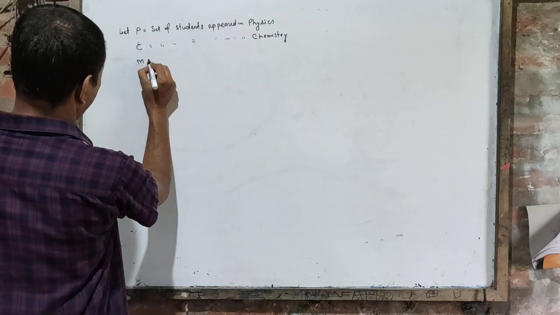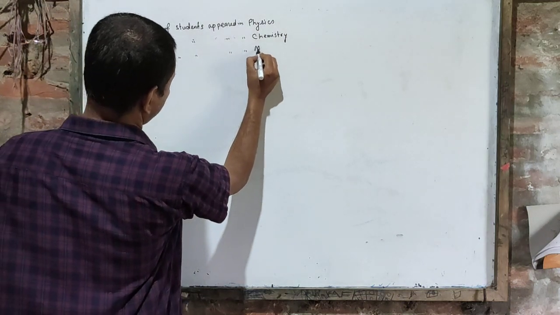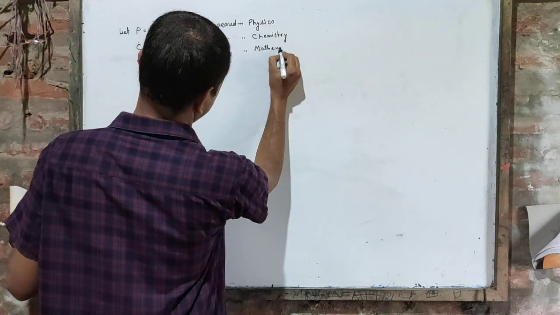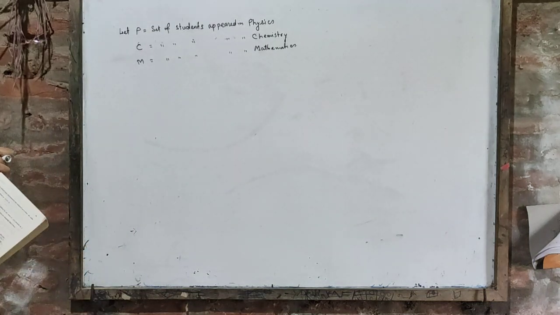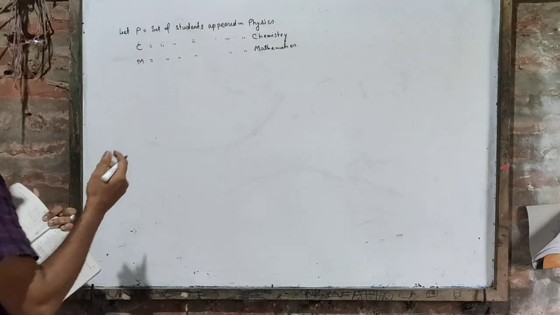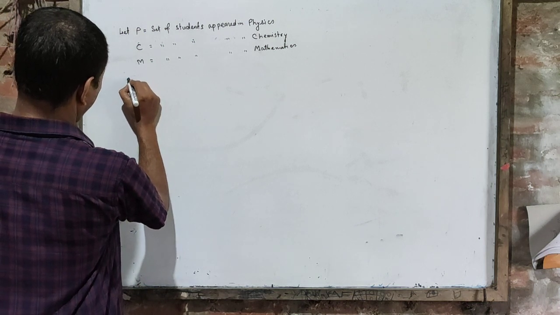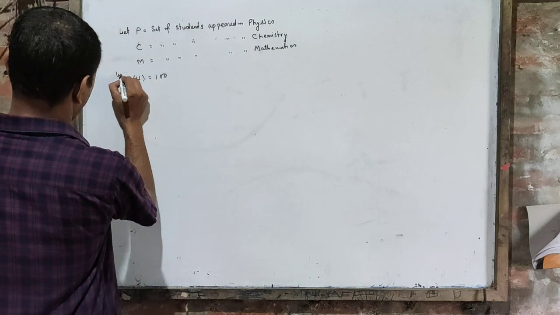Then M is equal to the set of students appeared in mathematics. Now we write what is given in the question. It is given in terms of percentage. Therefore, n of U is equal to 100.